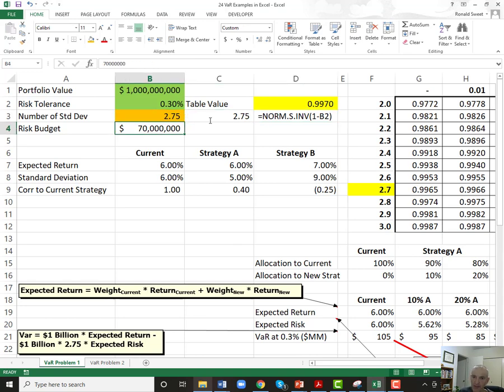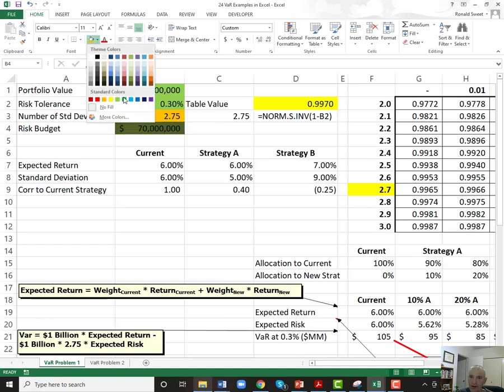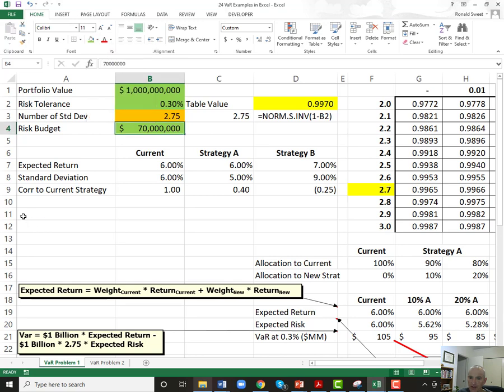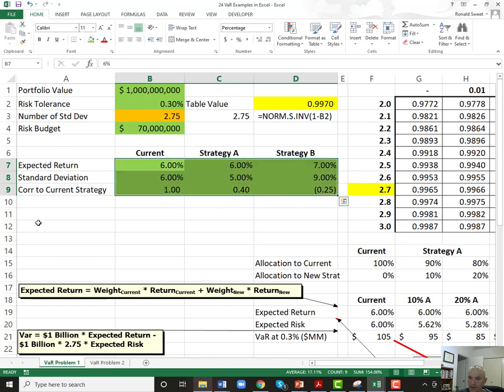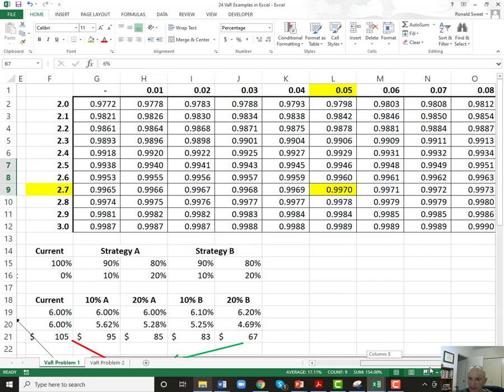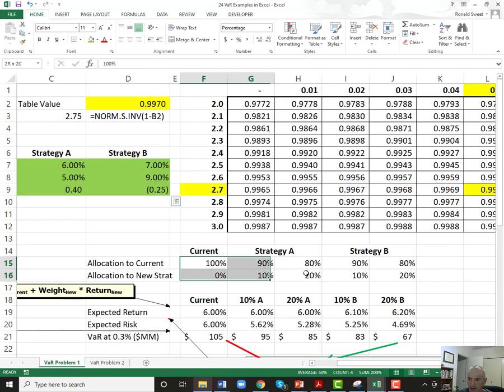Our risk budget, she's told you she wants a VAR below 70 million, so that's our budget. Here's all our inputs, so that doesn't change anything. And then down here we come down with what our options are. So here are the options that she has given you.